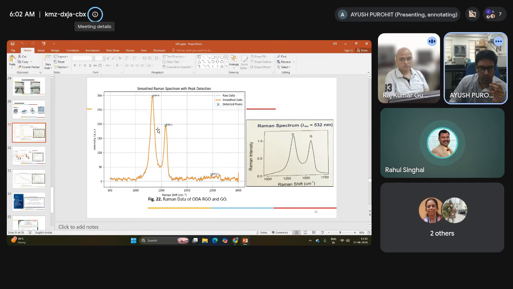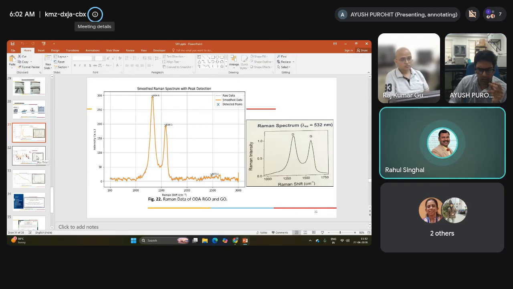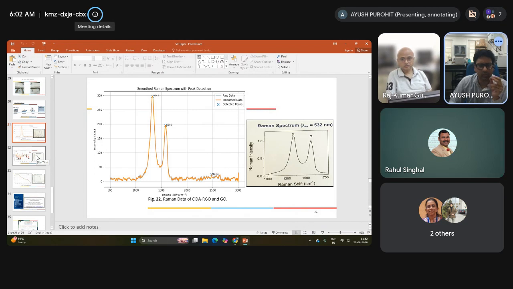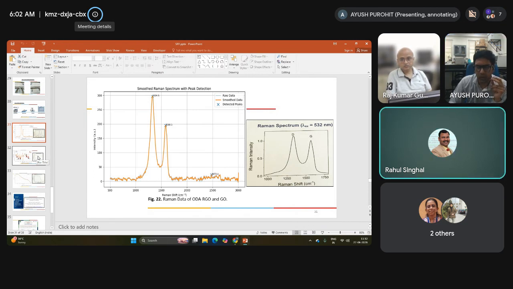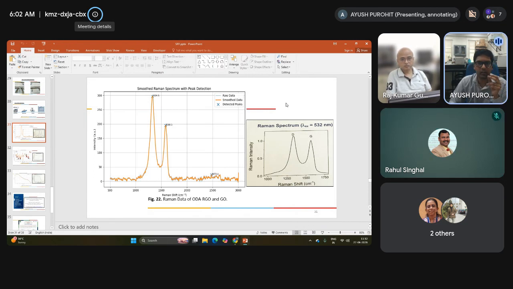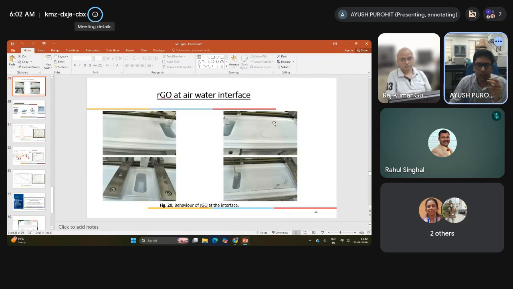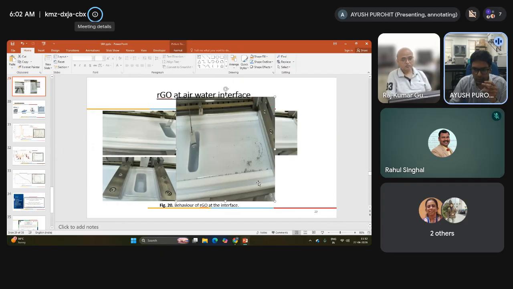Doesn't matter whether it's methanol or ethanol, but you have used ODA only to make it dispersible. Why have you added ODA? Sir, to make this molecule dispersible and for making the thin film at the interface, because RGO alone is showing wrong behavior at the interface. This is like the sand.